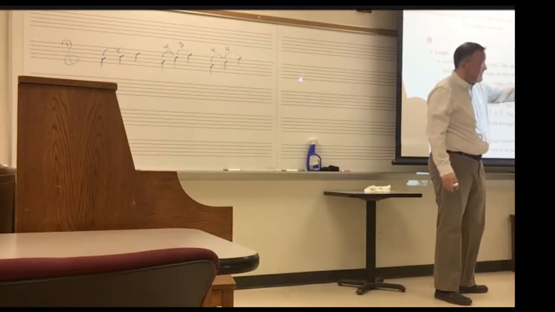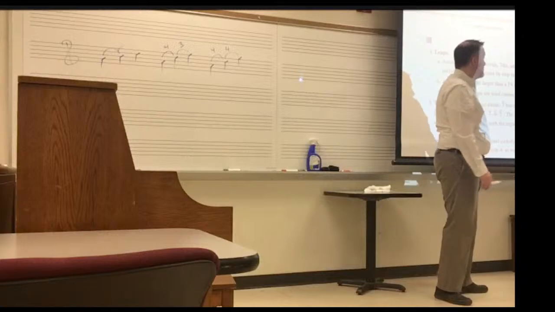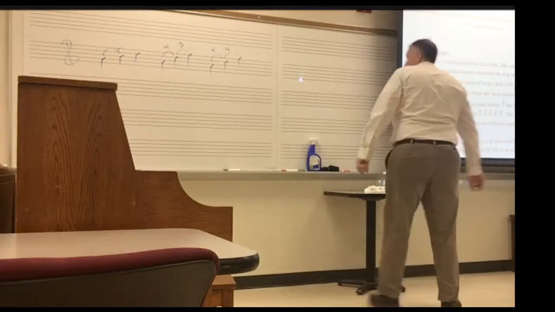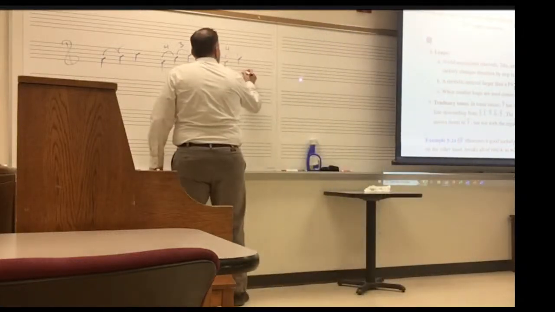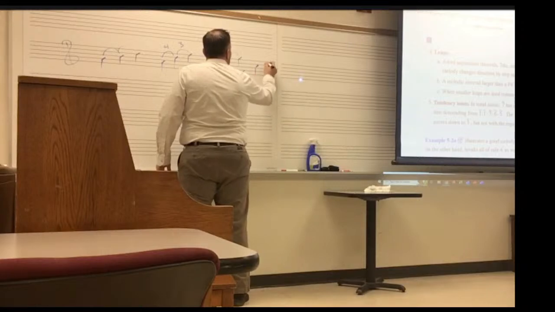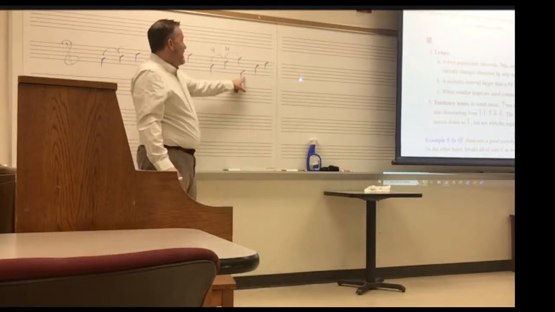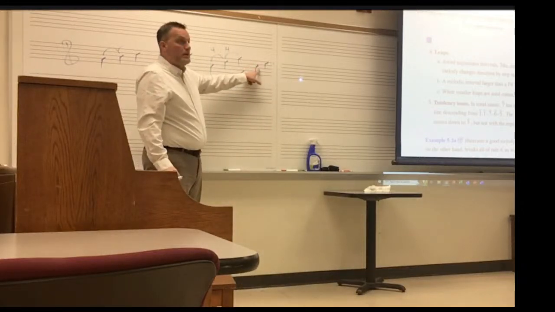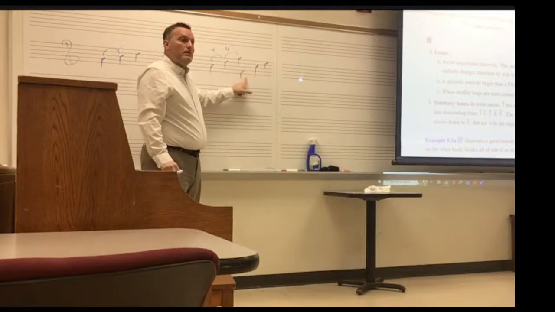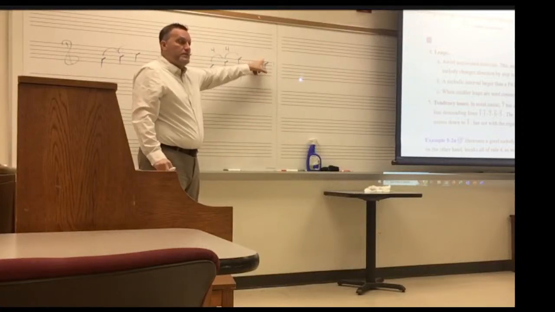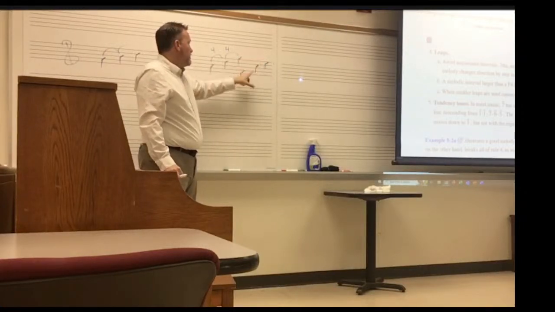So you wouldn't be able to do this either: F to C to E. Because F to C is a 5th plus a 3rd, even though C is in the F major triad, E is not, and if you put them all together, you wouldn't have a triad. So it's got to outline a triad.